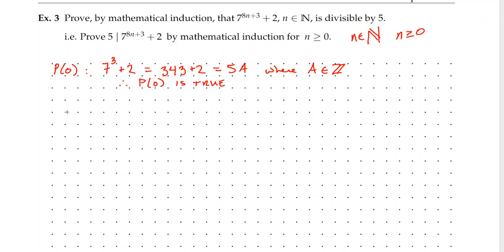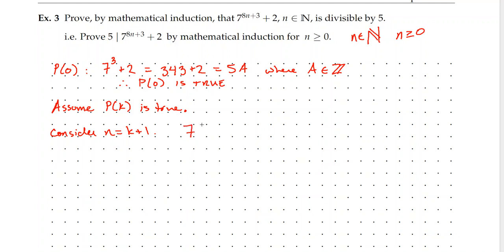Then our inductive hypothesis. We're going to assume it's true for our kth case. We're going to assume P(k) is true, our propositional function. Then consider n equals k plus 1.